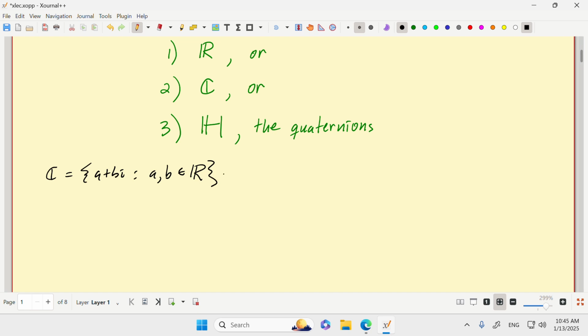If you want to be very formal about it, you can also think of this as the same as the set of points in the plane, (x, y), such that x and y are real numbers.